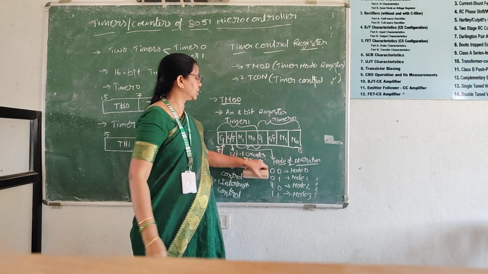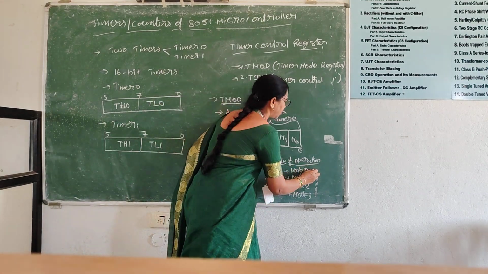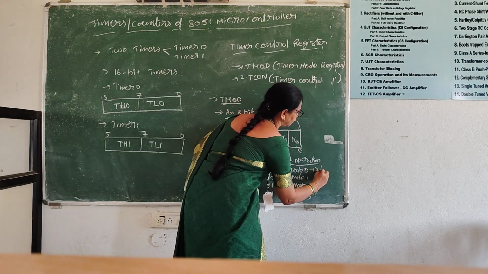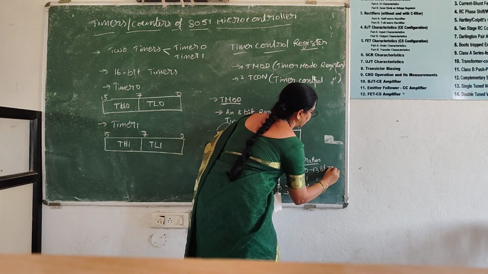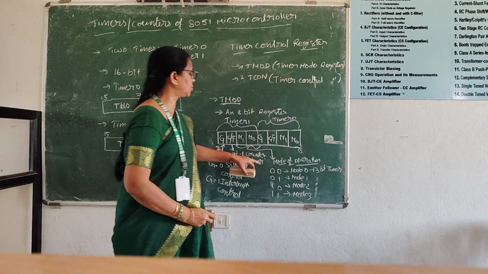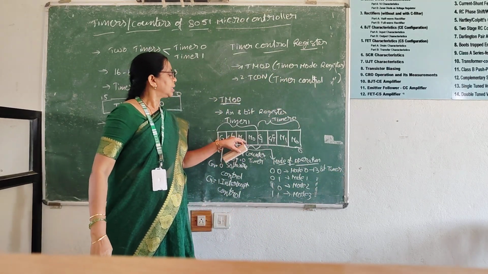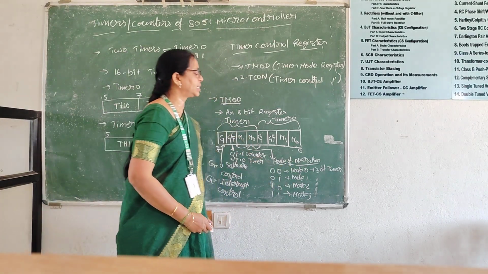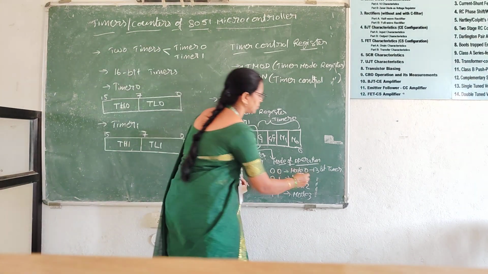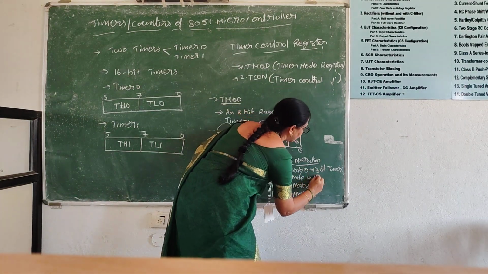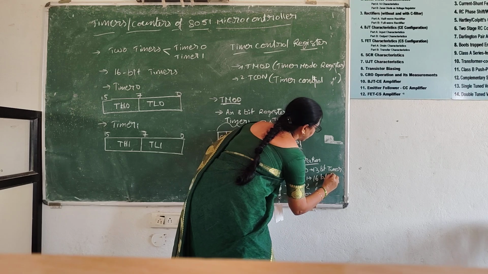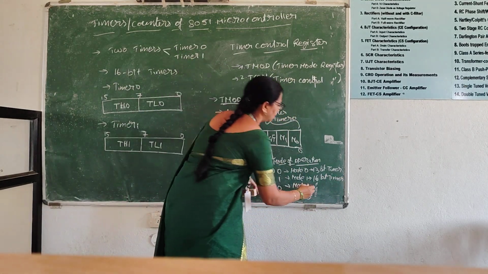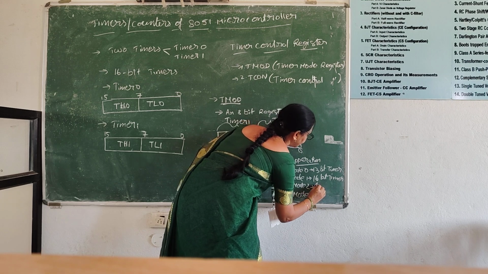In mode 0, the timer works as a 13-bit register, a 13-bit timer. The remaining 5 bits are prescaler. Mode 1 is a 16-bit timer. If the bits are 1 0, mode 2 is auto reload.